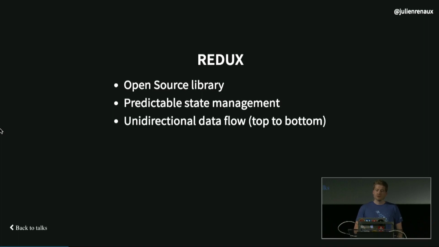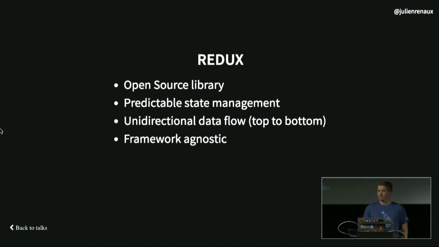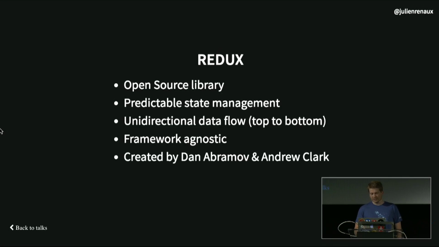It has a unidirectional data flow, so always top to bottom. It is framework agnostic, meaning you can use it with Angular or React or Vue or whatever. It was created by Dan Abramov and Andrew Clark. They both work at Facebook now. And it has more than 29,000 stars on GitHub.